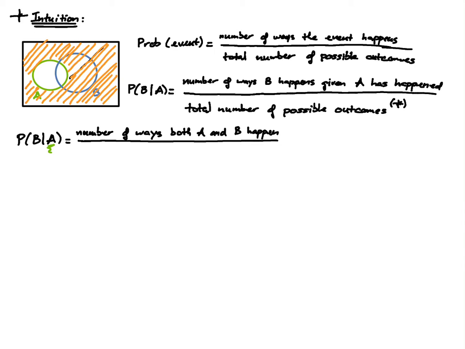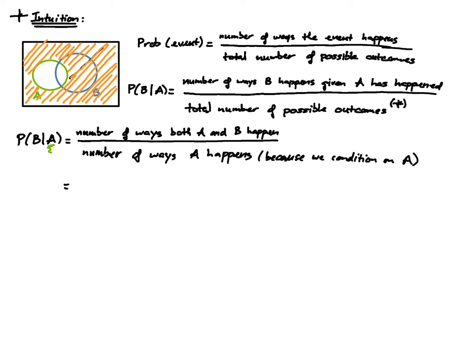And so in this situation, the total number of possible outcomes is just the number of ways A happens. And this is because we condition on A. So this is going to be equal to what? The numerator is the number of ways both A and B happen.